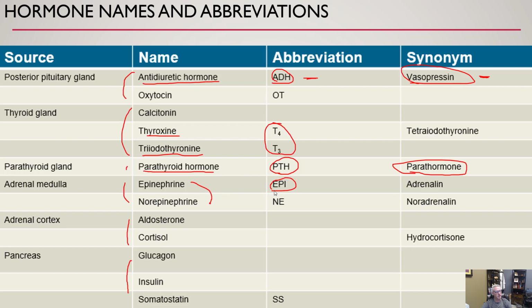You might hear epi. Epinephrine is just adrenaline. So you drink a Red Bull, or you have an adrenaline rush. That's basically epinephrine, and we'll talk about that later on. Cortisol, hydrocortisone. You have hydrocortisone cream that you put on when you get a bee sting or something like that. Hydrocortisone cream is basically a synthetic version of cortisol.